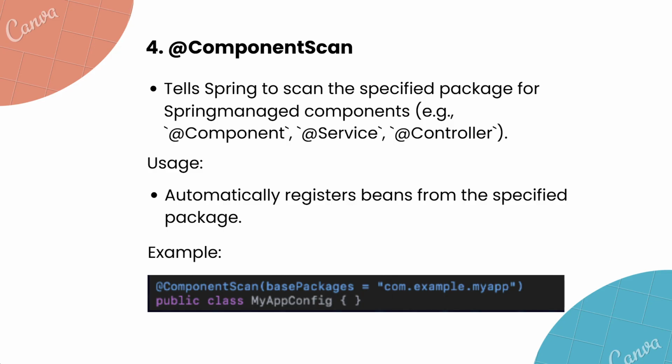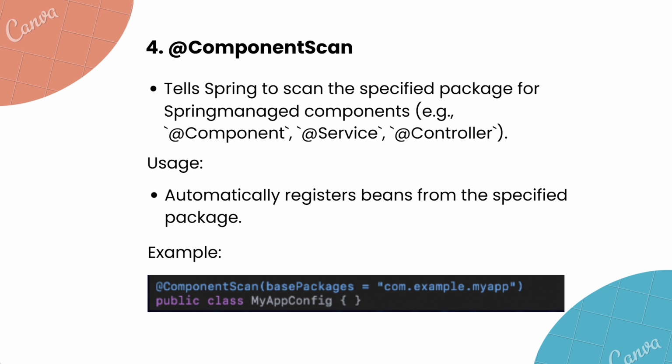How it works. At component scan, it specifies the base package where Spring should search for annotated components. Automatic detection, that is, Spring scans all sub-packages of com.example.myapp and registers classes annotated with at service, business logic components, example product service.